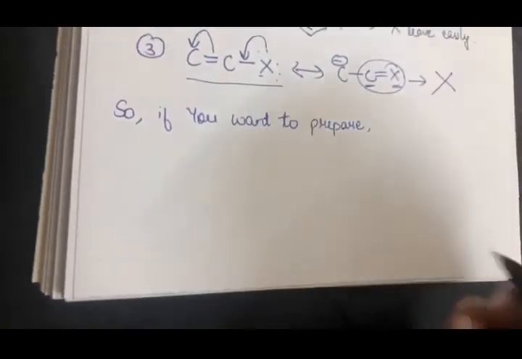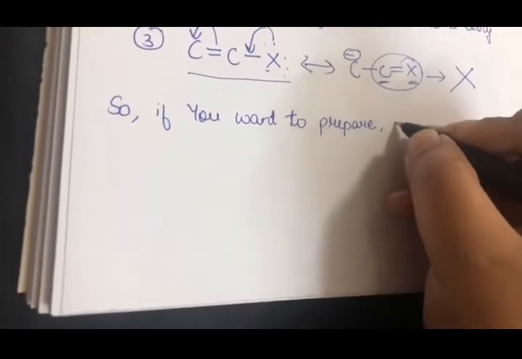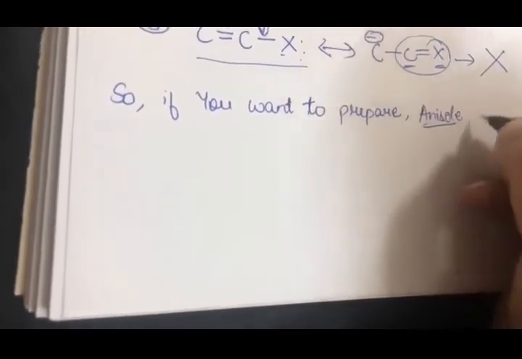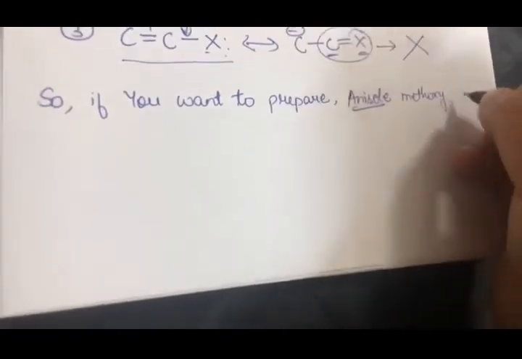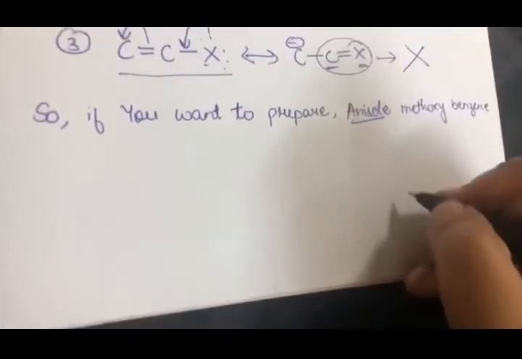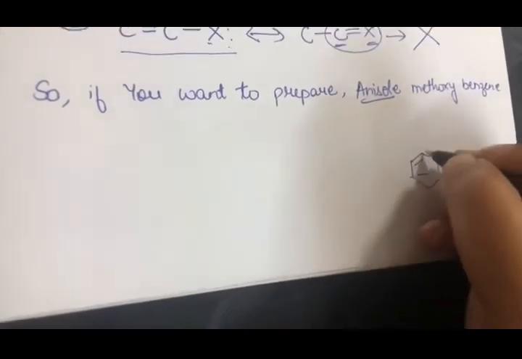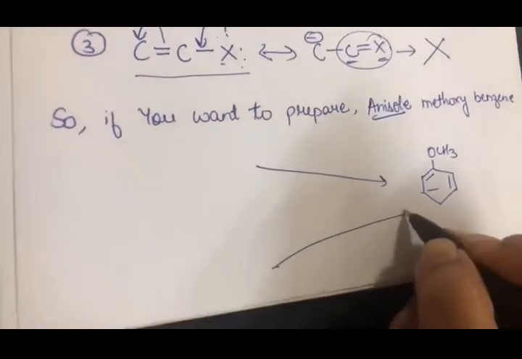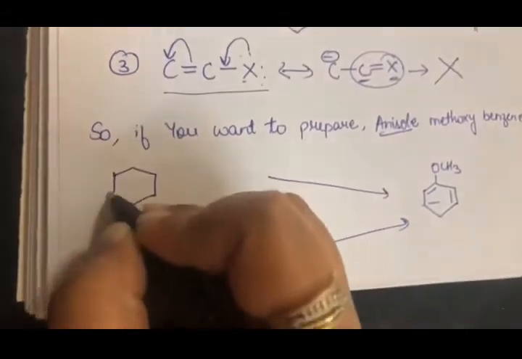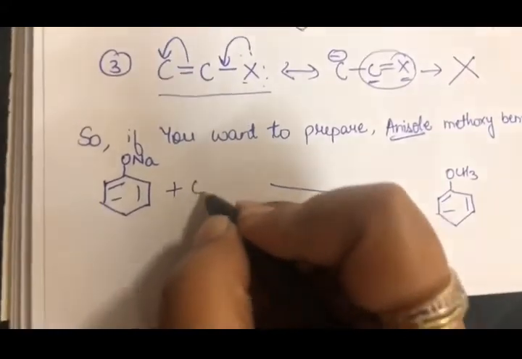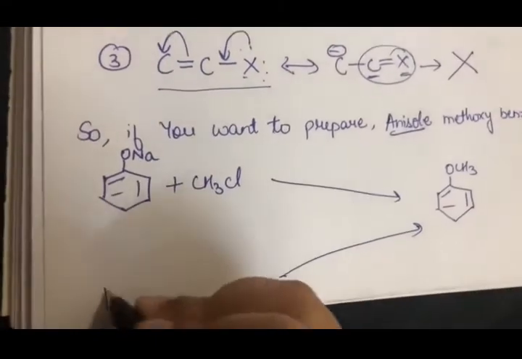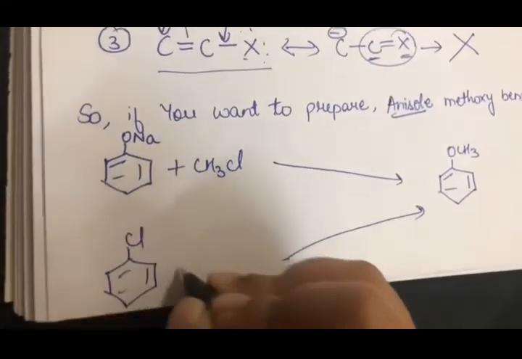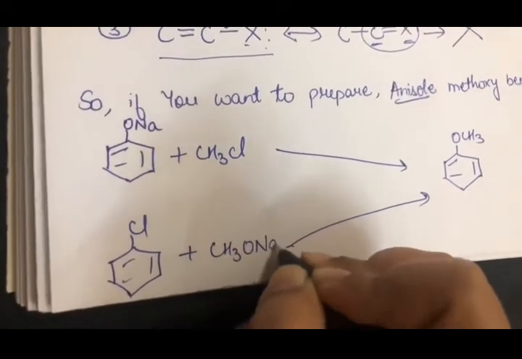So now let's take an example. Let's say I have to prepare anisole. What is anisole? Anisole is methoxybenzene. What is the structure? It is, right? So now I have two options to prepare this anisole. One, I can either take my sodium phenoxide like this plus CH3Cl, or I can reverse the two things and take the two possible reactants like this.